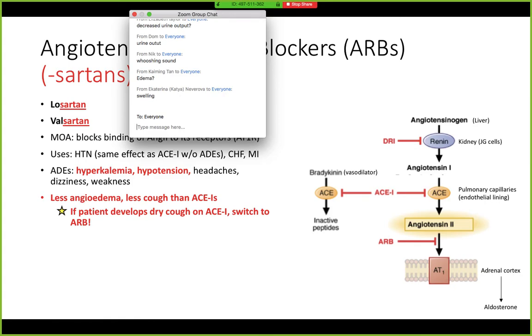And the reason for that is that ACE inhibitors are renal protective. So that's very helpful in your diabetic patients or patients with like long-standing heart problems. And you'll get a lot more into that next year. But yeah, I would definitely remember this here because I'm pretty sure that was on the test last year.